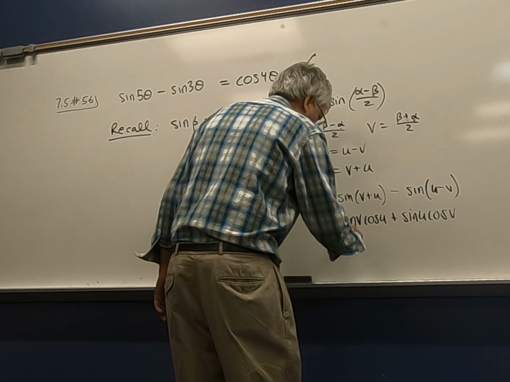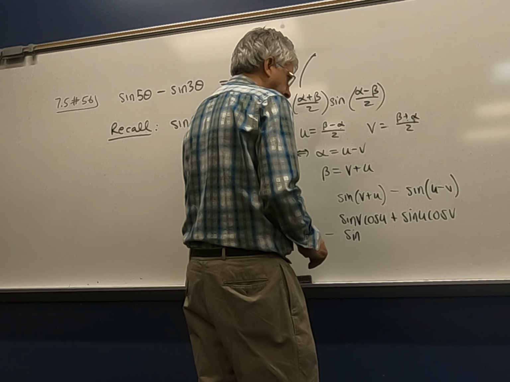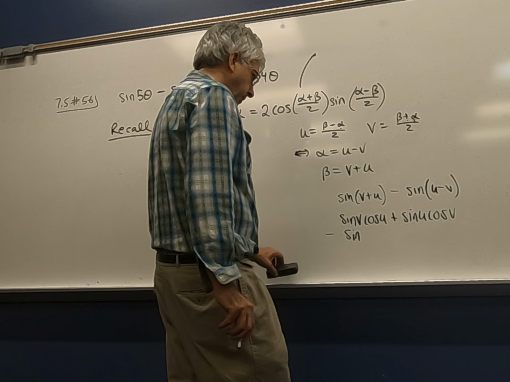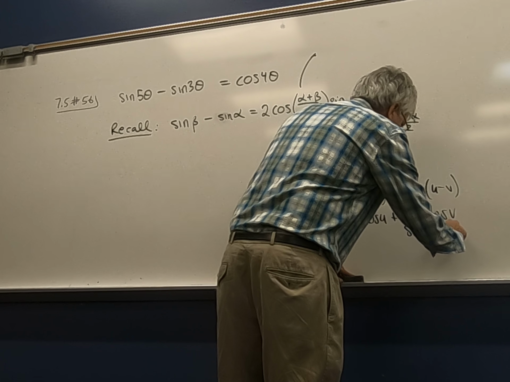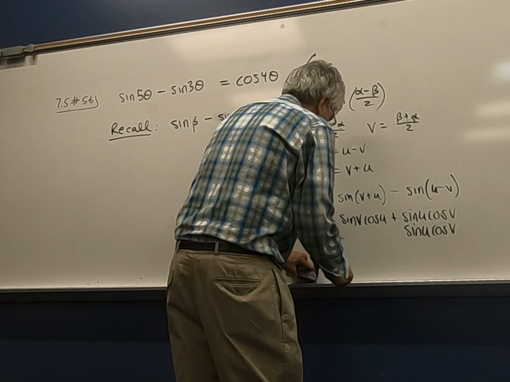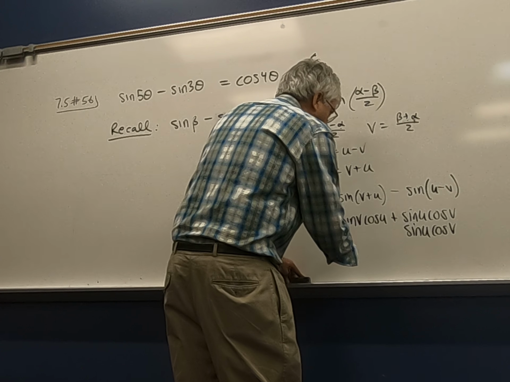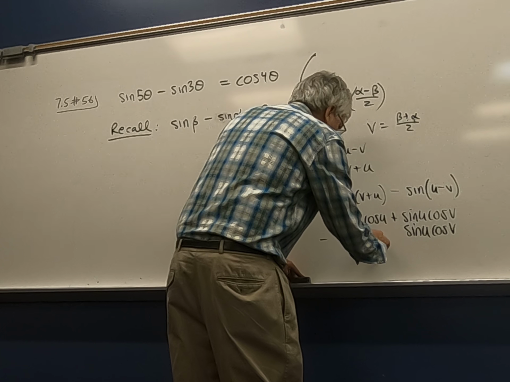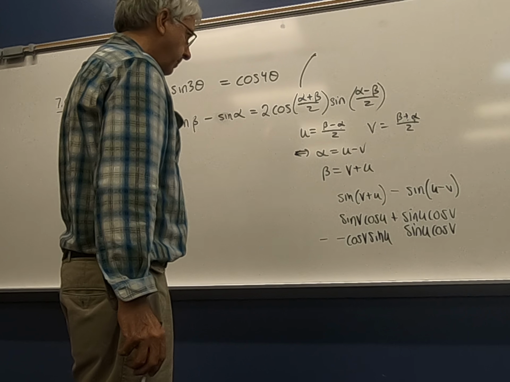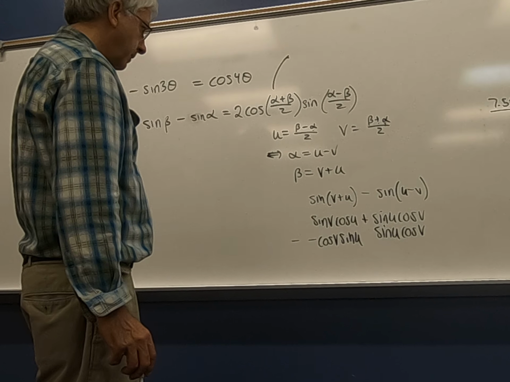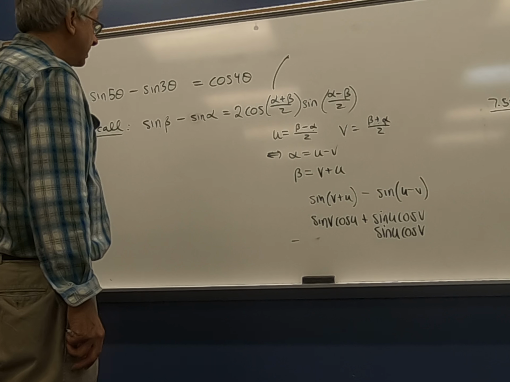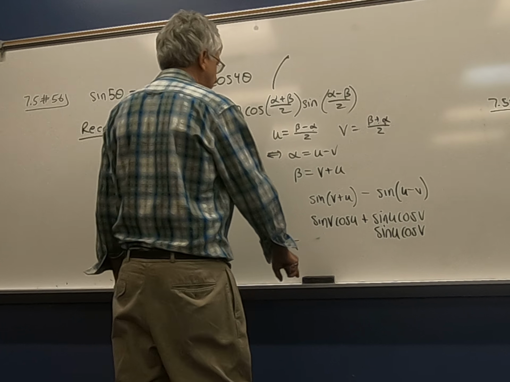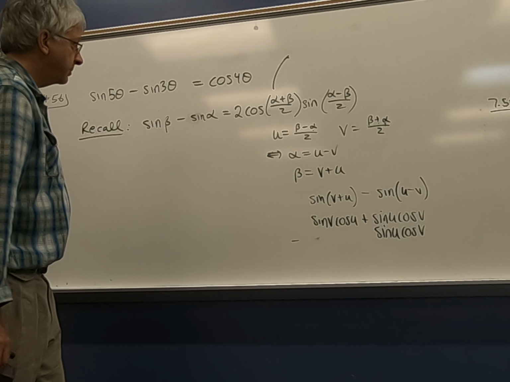Then minus cosine v sine u, and this is negative, so I'm subtracting this. Oh no, I got those backwards. Sorry. Do I have it right? Yeah, it's the right equation.